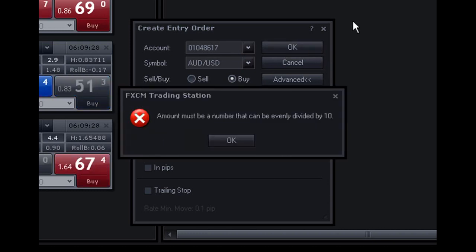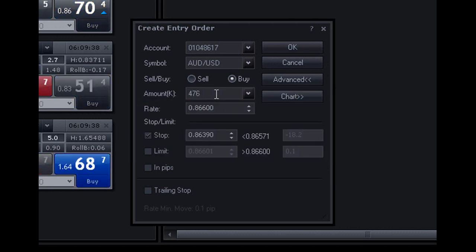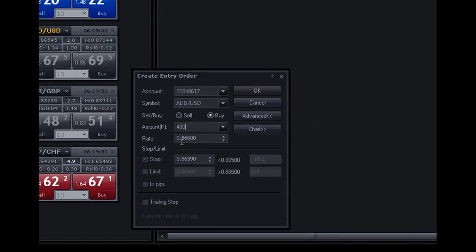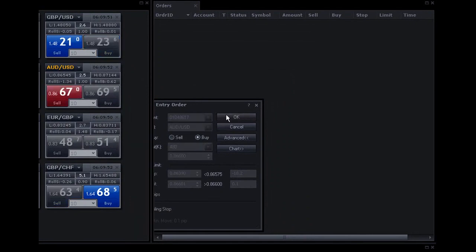Click OK. Right, so we can't do 476. So what we'll do is we'll just round this up to 480,000. And we just click OK.